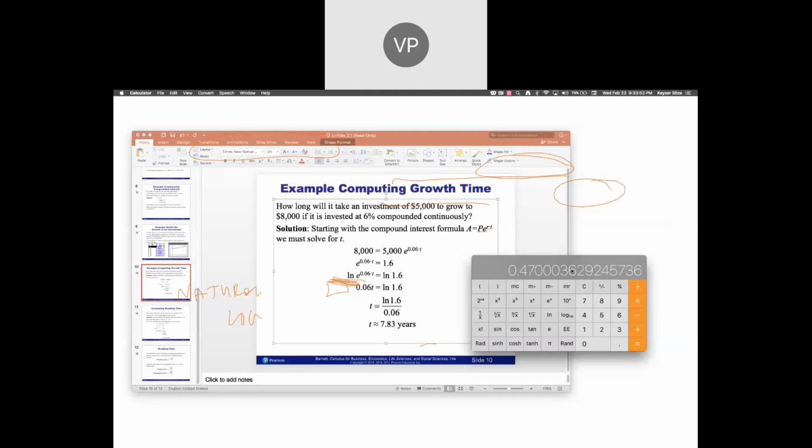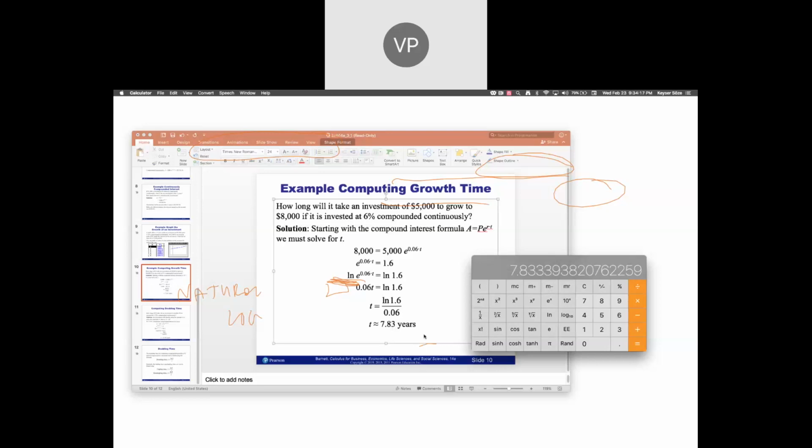I don't even have to hit equals. What's on my screen is in fact the natural log of 1.6. I then take that answer and divide it by 0.06. And you see how we can get to this answer right there without having to write things down. I know it sounds like we're trying to cut steps out, but we're actually not. We're trying to leave it all in our calculator so that we get the most precise answer possible.